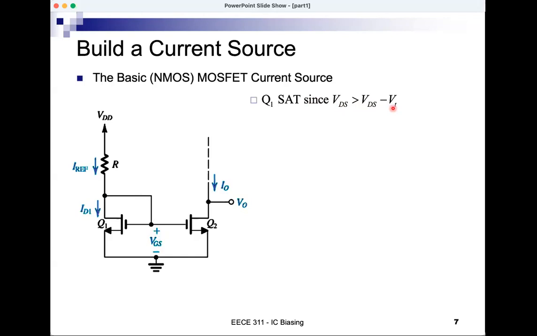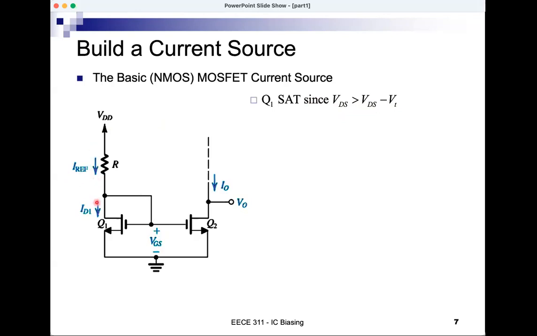So if Q1 is conducting current, then it's in SAT. Of course, there's the additional condition that VGS should be greater than VT. So assuming that it's conducting current, because if it's not conducting current, then the circuit would be trivial, would be useless. We need current to flow in the circuit for the circuit to be useful.